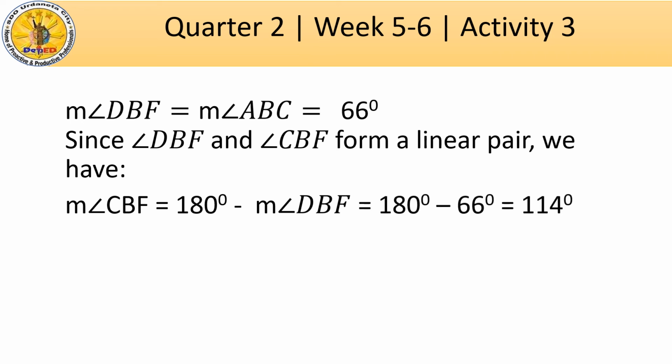So since the measure of angle DBF is equal to 66, so 180 degrees minus 66 degrees is equal to 114 degrees. So therefore, the measure of angle CBF is equal to 114 degrees.